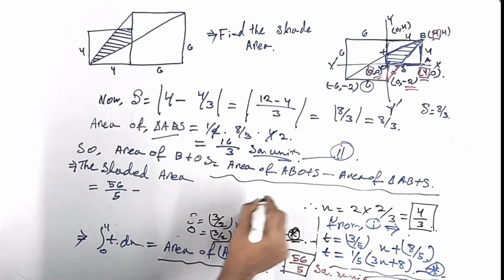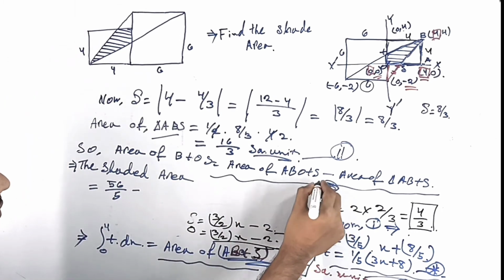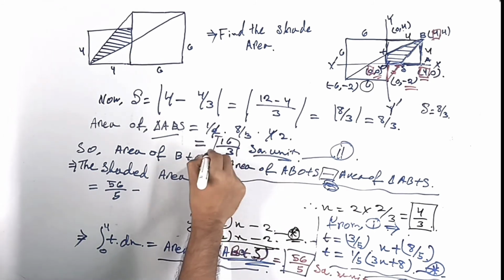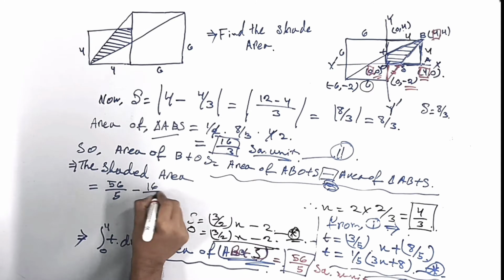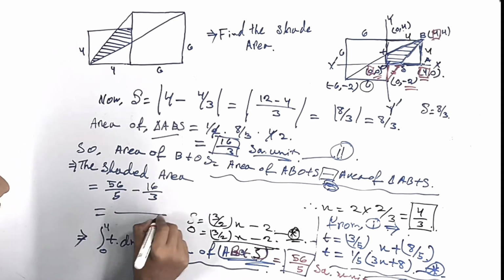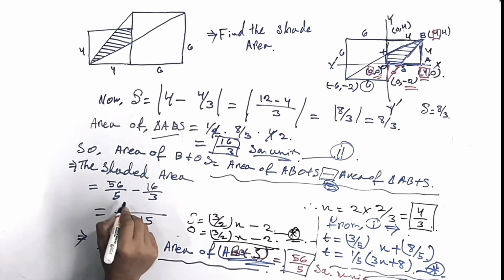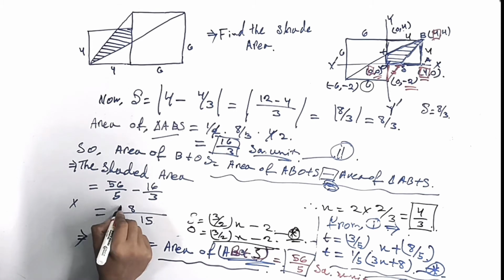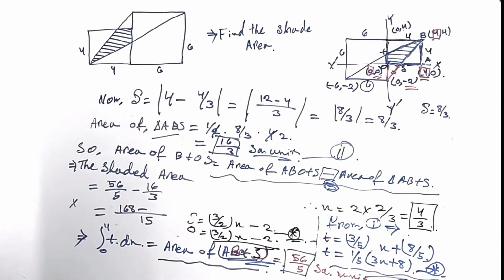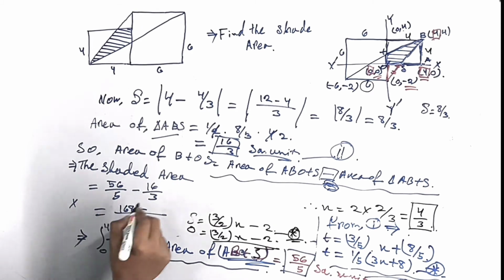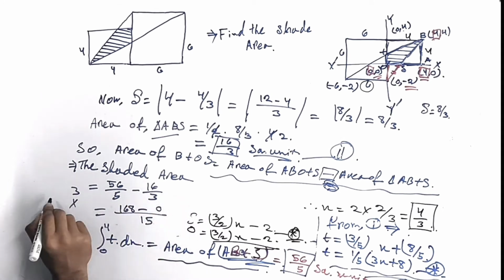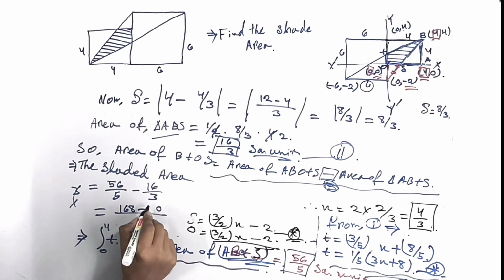And that's minus, as the minus is coming from this sign as well. And this second term is 16 by 3, that's equals, the denominator is 15 and the numerator is 168 minus, now 3 6 times, that's 80, the 0 coming and the 3 cancel out.